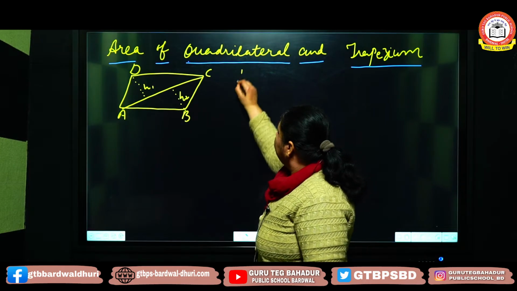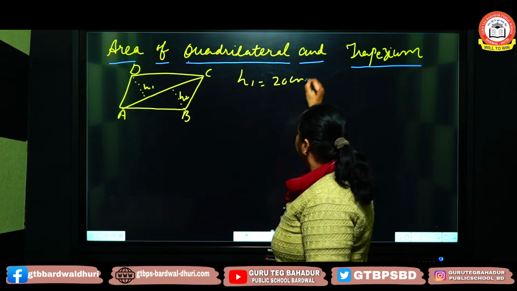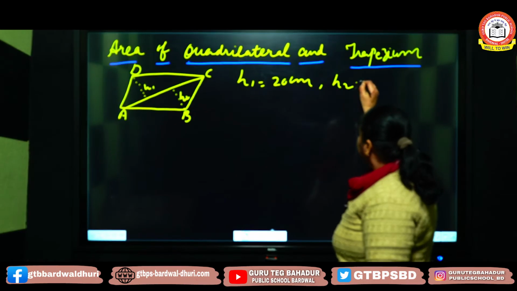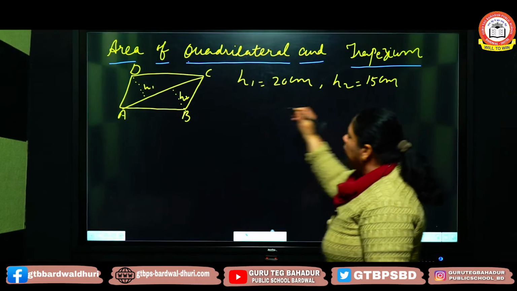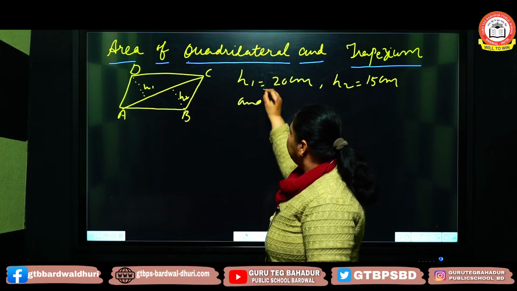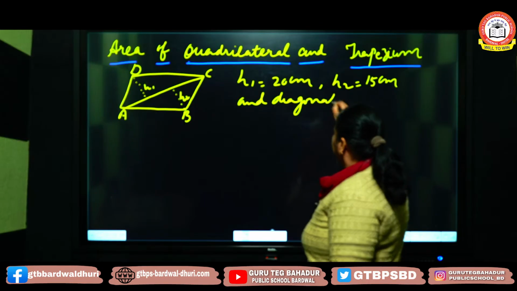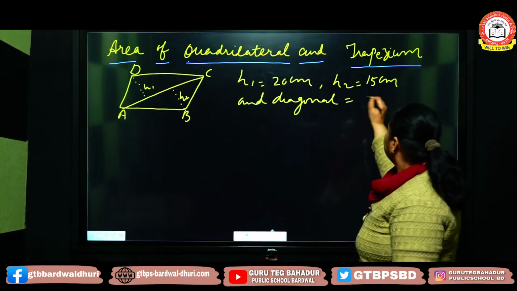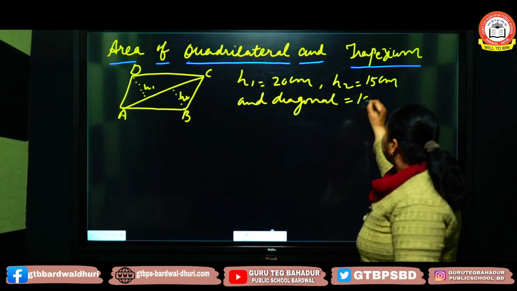Let H1 be equal to 20 centimeter, H2 be 15 centimeter, and the diagonal is 10 centimeter.